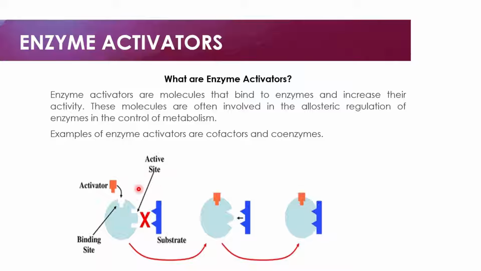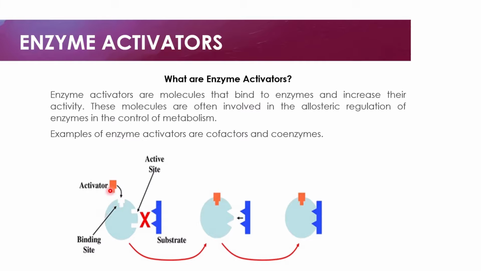From the illustration below, the enzyme activator gets involved in the allosteric regulation of the enzyme by binding to the allosteric site of the enzyme to change the structural conformation of the enzyme, and in so doing changes the structure of the active site of the enzyme to increase its activity.